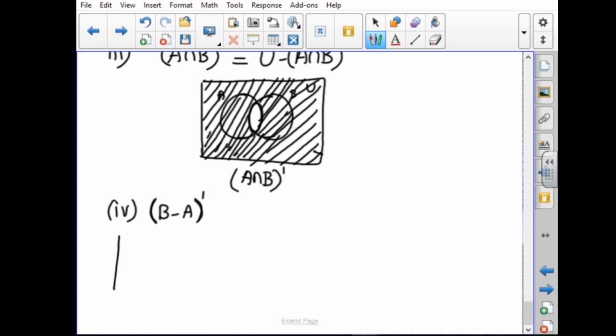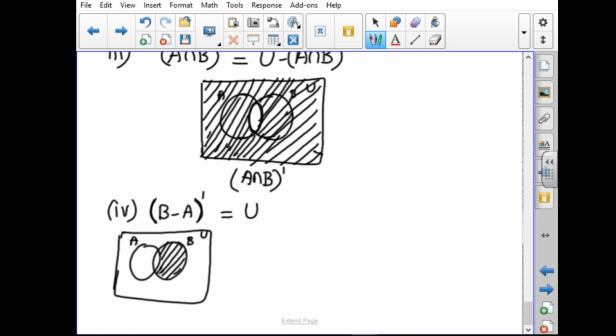So this is your B minus A, that is B difference A. In the universal set, B difference A means in set B, A should not be there. Complement means except this space in the universal set you have to shade.